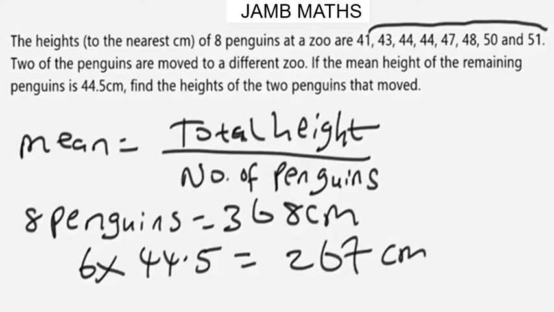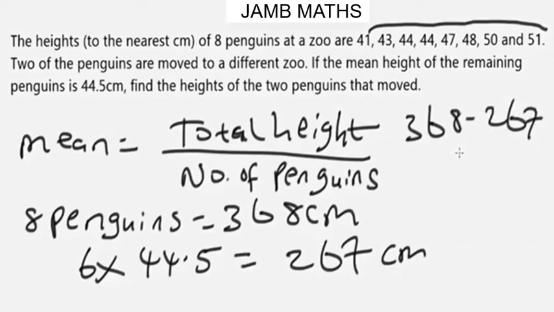Okay, now the question says find the height of the two penguins that moved. Now combined heights of penguins that moved will be, we want to find this now, find the heights of the two penguins that moved. So the combined heights will be to subtract this 267 from this 368. So when you do it, it will be 368 minus 267.